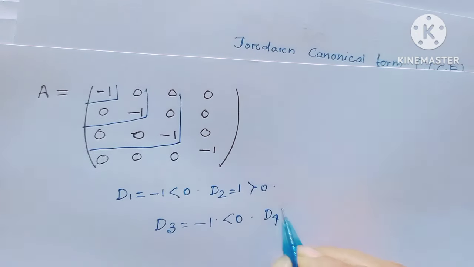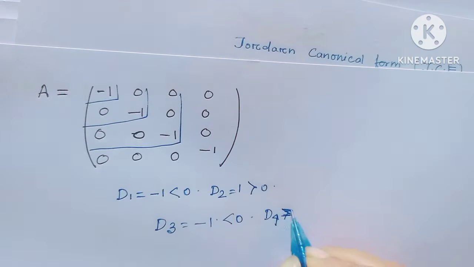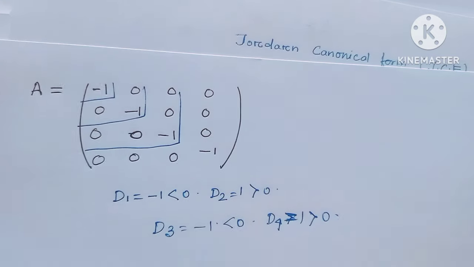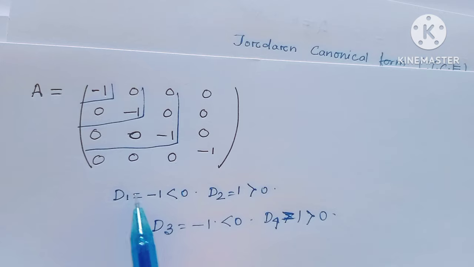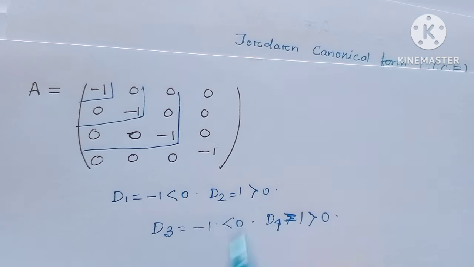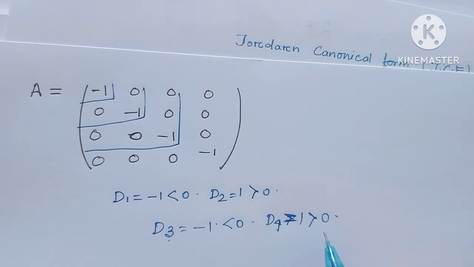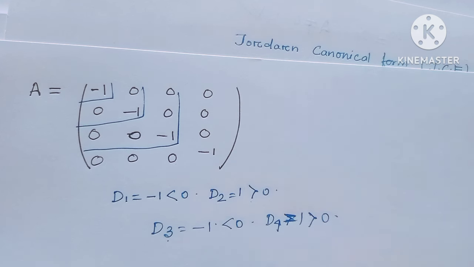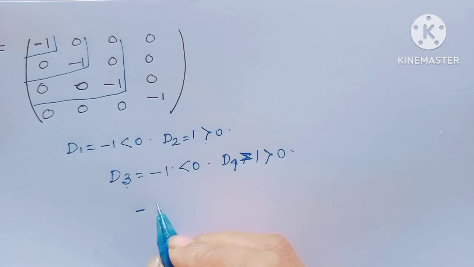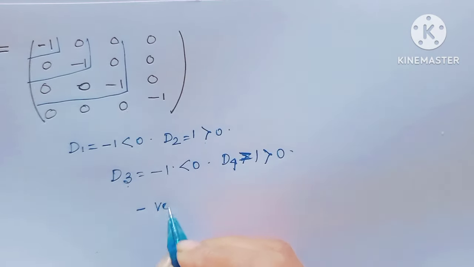And D4 equal to plus 1, which is greater than 0. Since the signs alternate, with D1 less than 0, then D2 greater than 0, then D3 less than 0, then D4 greater than 0, that means this quadratic form is negative definite.